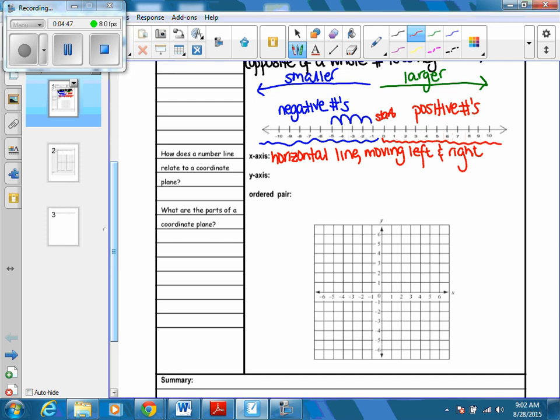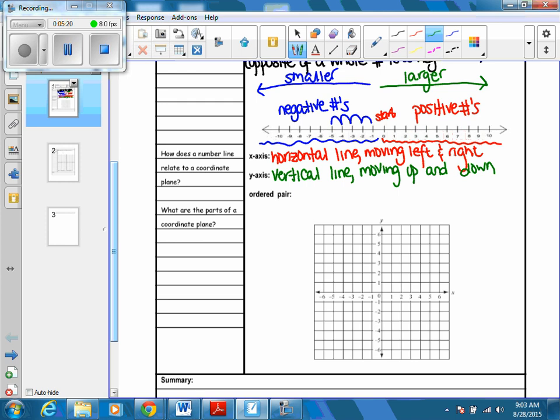Now the next thing on our paper says a y-axis. A y-axis is our vertical line moving up and down.